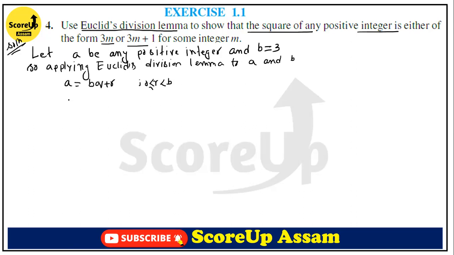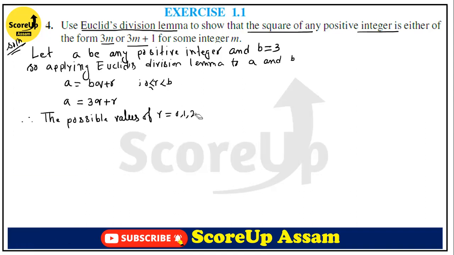Now what is the value of b? b is 3, so a is equal to 3q plus r. Therefore the possible values of r: r is less than 3, since the value of b is 3, so it cannot be 3.